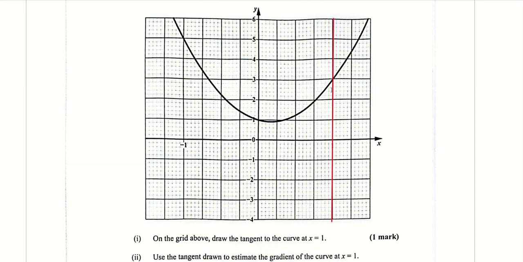Sorry, I didn't read the question properly. They said on the grid above, draw a tangent to the curve. Tangent means it's just touching the curve where x is equal to 1, right here.